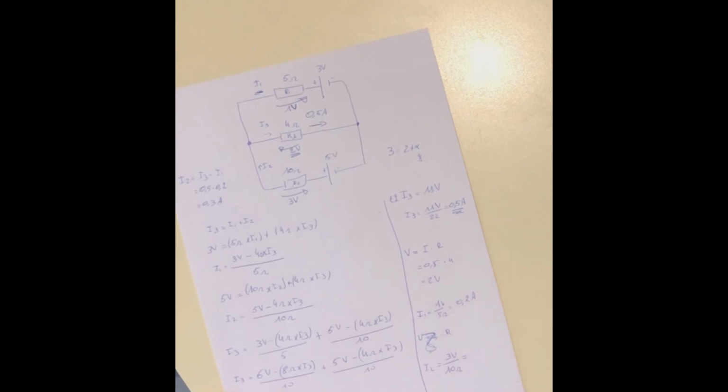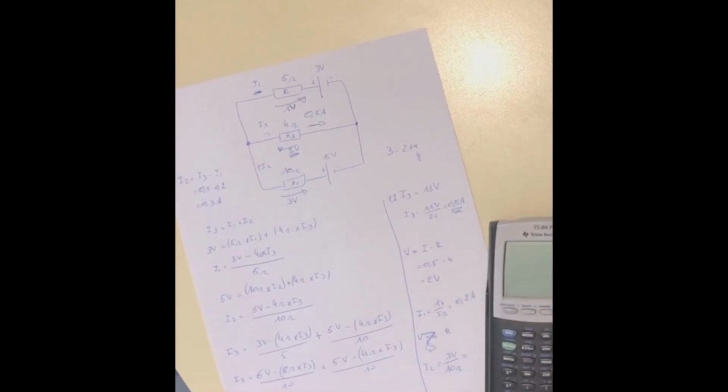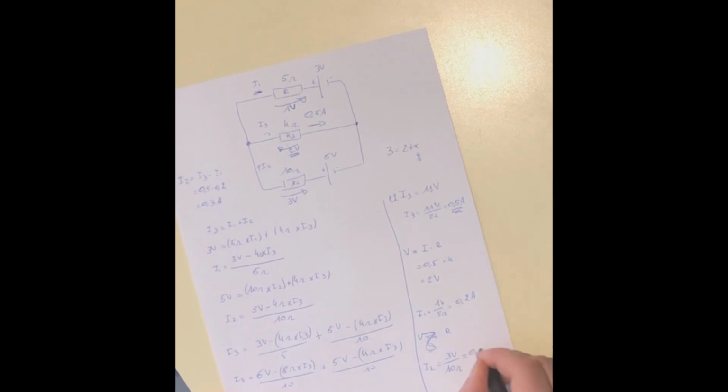Is equal to 3 divided by 10, just to be sure, 0.3 amps. And as you can see, those are the same, and that's how you use the law of Kirchhoff.